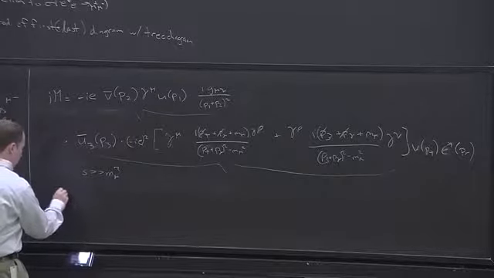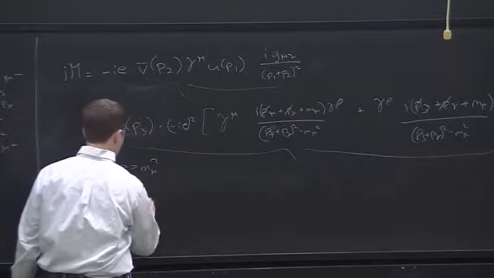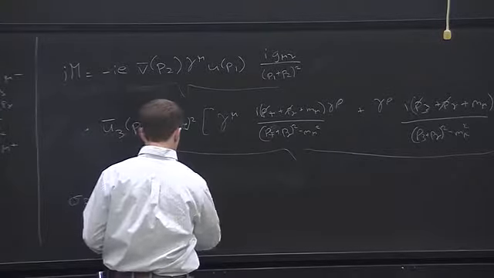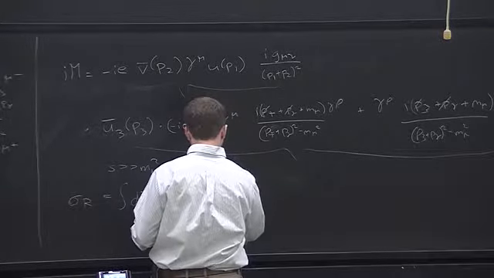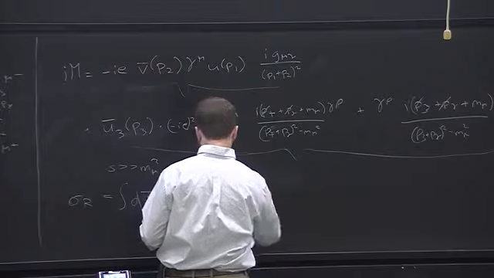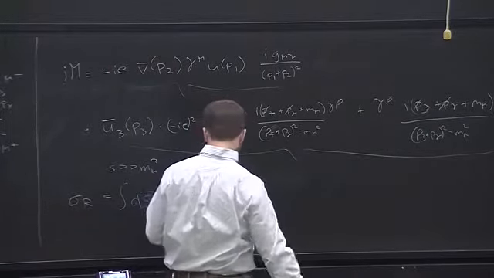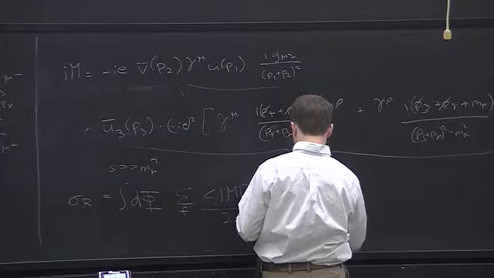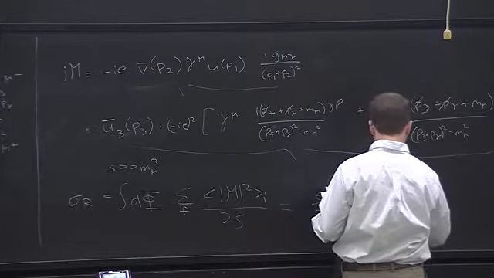And the sigma r for the real emission cross-section is then just an integral over phase space, sum over the final spins and polarizations, average over the initial spins and polarizations, or spins, over 2s, which we can write as e squared over 2s cubed L mu nu X mu nu.